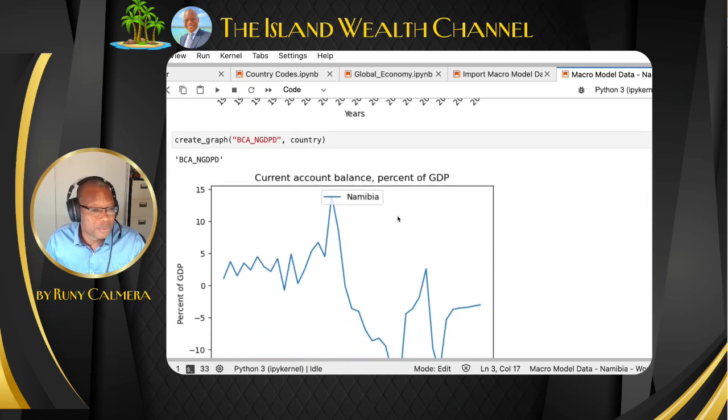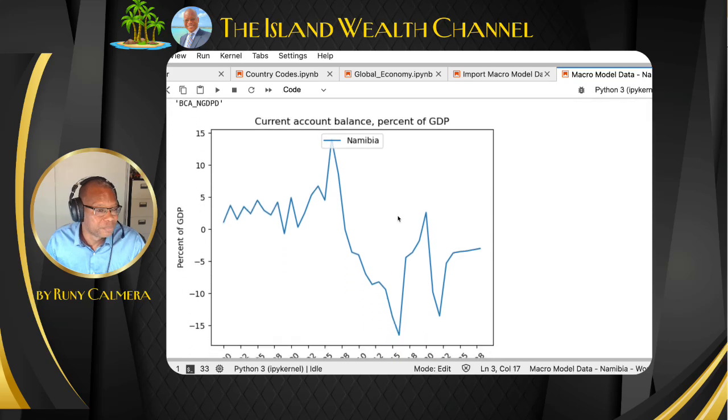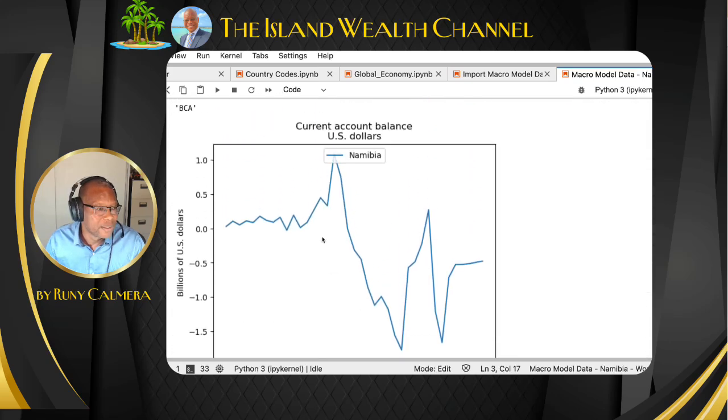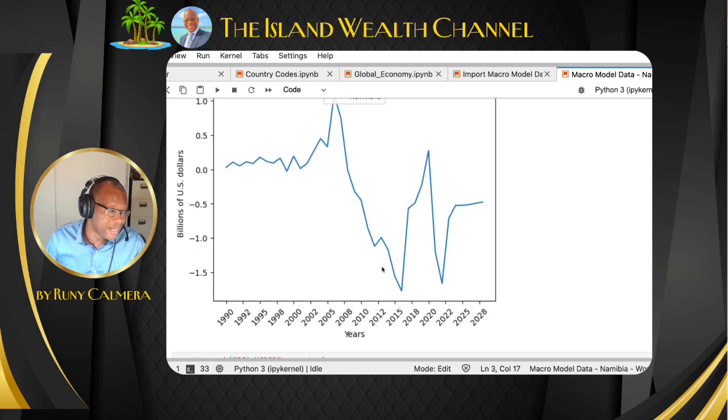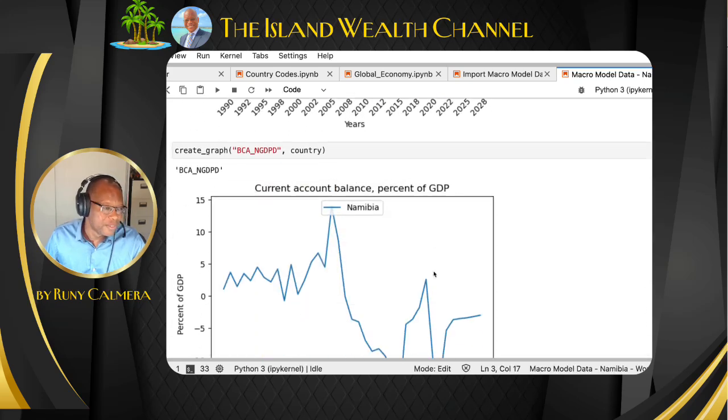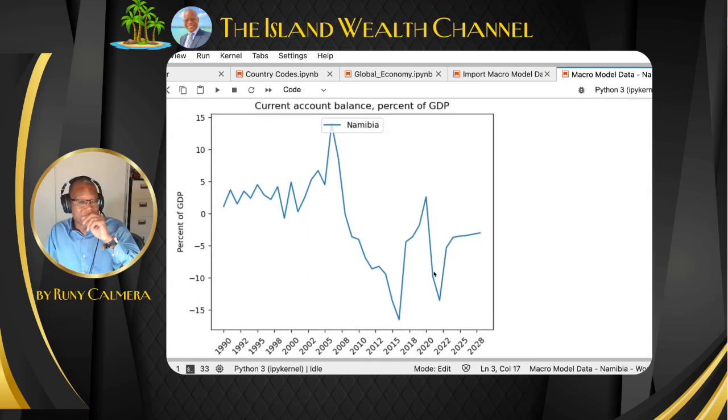So the current account balance as a percentage of Namibia, what was that? This one was the current account in US dollars. So that minus 1.5. No, this is the percentage. Sorry. This is the percent. So Namibia is minus 15%, is actually also in the bad zone, because this needs to be minus 5% maximum.